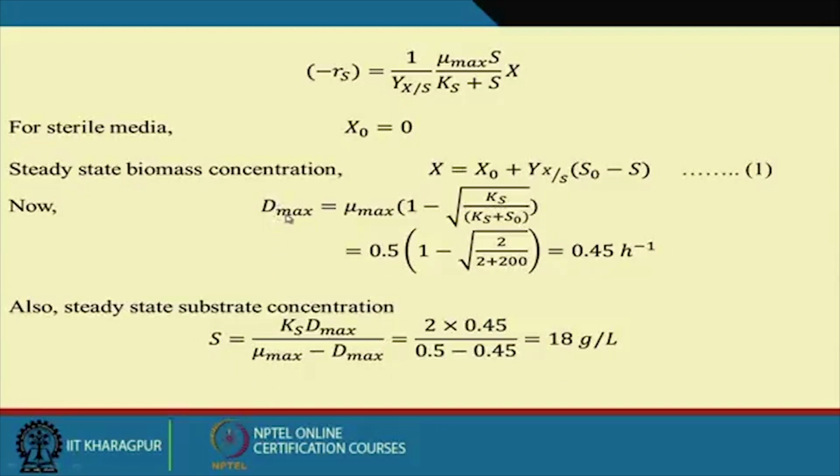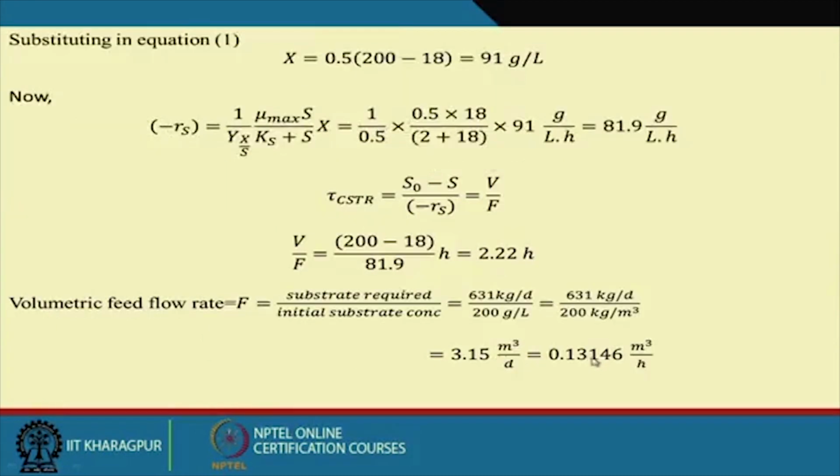D max is the dilution rate at which we get the maximum cell mass formation, the maximum rate of cell mass growth. At that condition we find out the substrate concentration and the cell mass concentration, and from that we find out the minus RS value, the rate of substrate consumption. This comes to about 81.9 grams per liter per hour, and from that you find out tau CSTR, the space time, which is 2.22 hours.